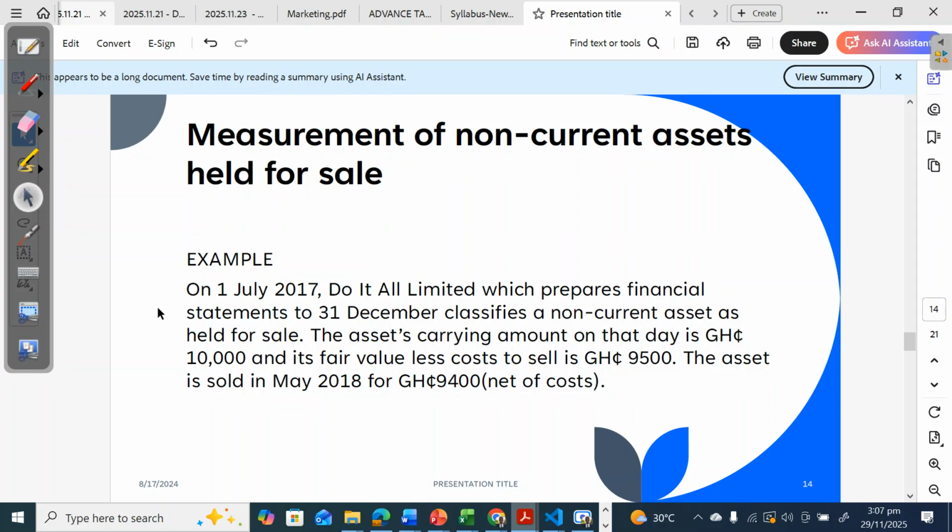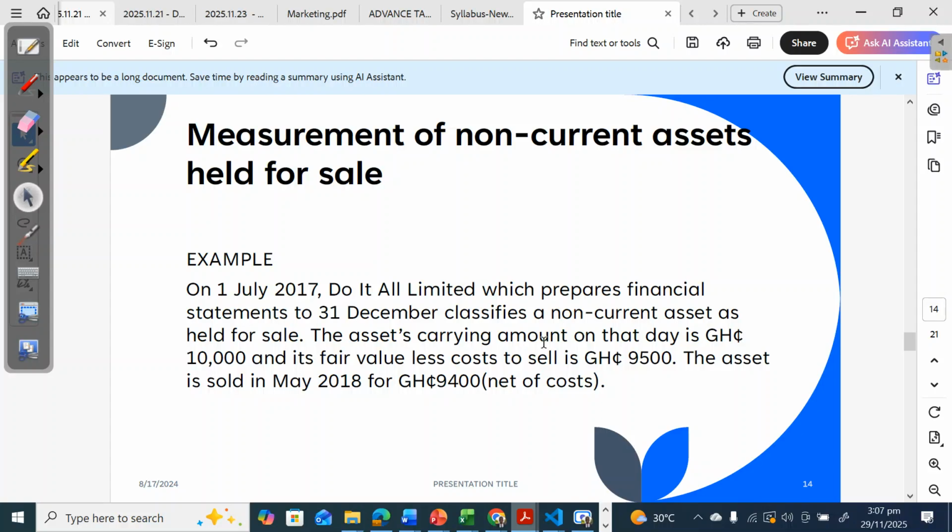Okay, let's look at an example. On 1st July 2017, Do It All Limited, which prepares financial statements to 31st December, classifies a non-current asset as held for sale.